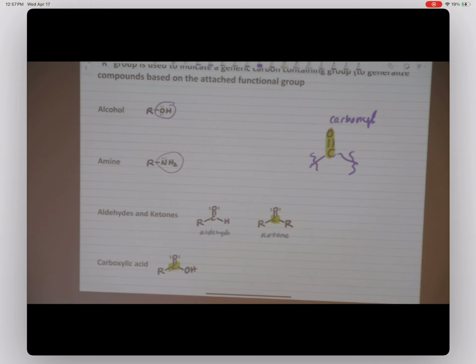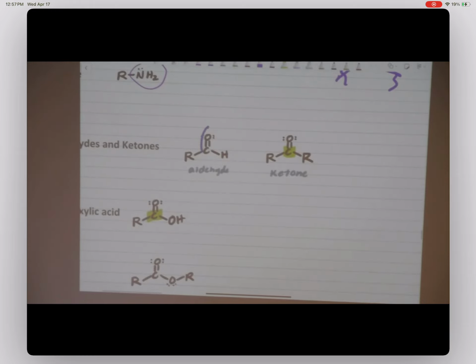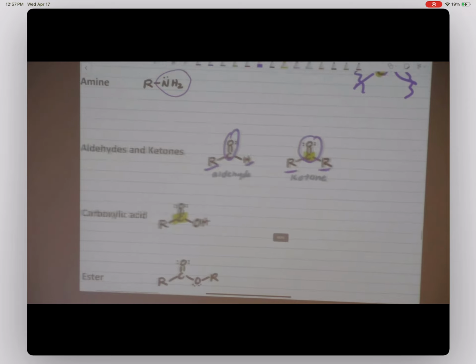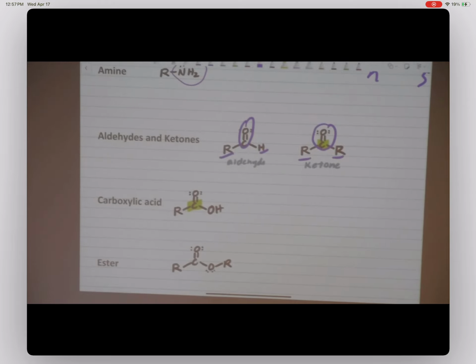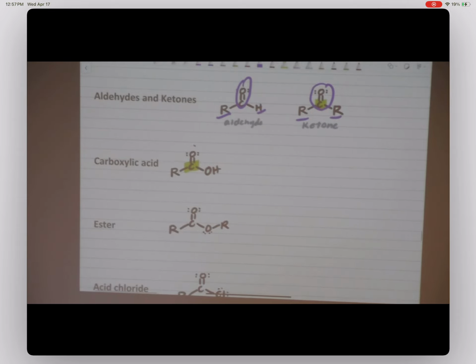So when you have a carbonyl bonded to a carbon group on one side, hydrogen on the other, that's called an aldehyde. If you have a carbonyl bonded to two carbon groups, that's called a ketone. That distinction is somewhat subtle, but it does lead to slightly different reactivity. If you have a carbonyl bonded to an OH group, that's a carboxylic acid.